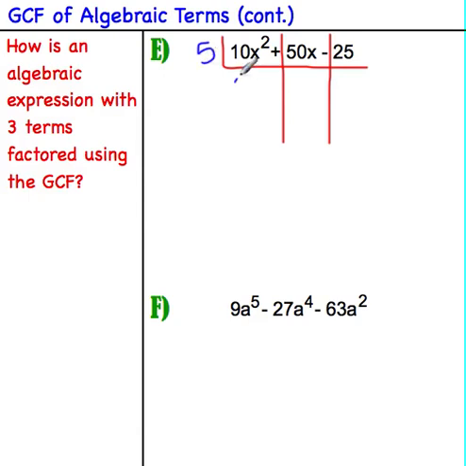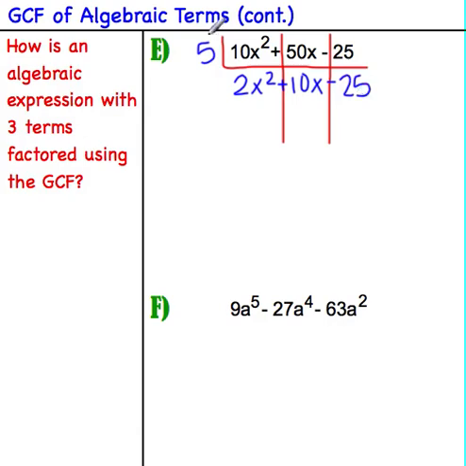10 divided by 5 is 2, and then we still have the x squared, plus 50 divided by 5 is 10, we still have that x, minus 25. Now we look around, 2 and 10 have numbers in common as well as x's, but 25 is alone, so therefore we cannot go any further.